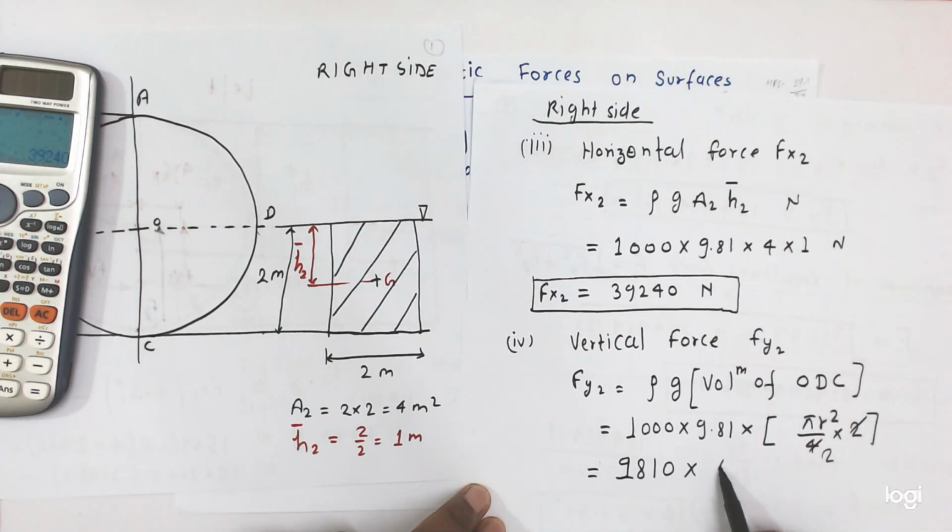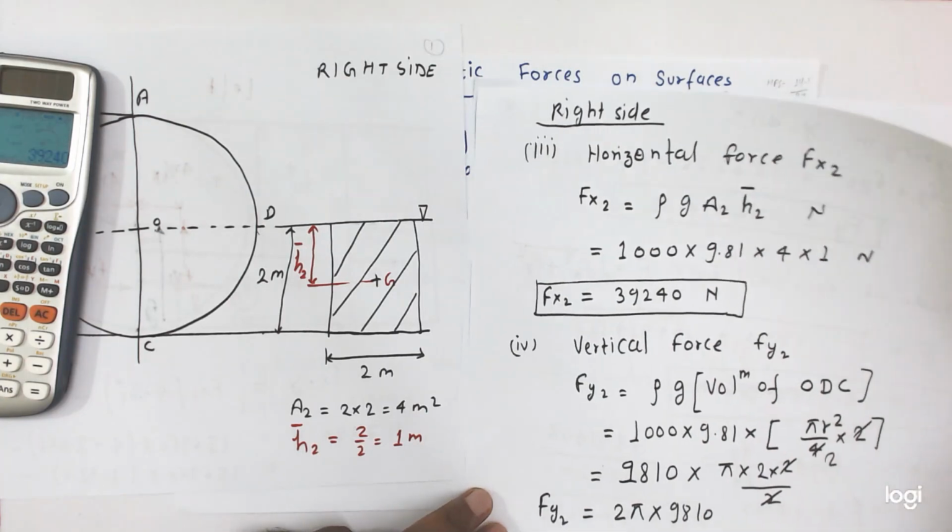9810 into pi into 2 into 2 divided by 2. So this 2 also cancels out. So it will come 2 pi into 9810. So this is Fy2.